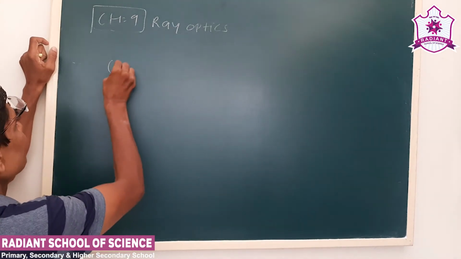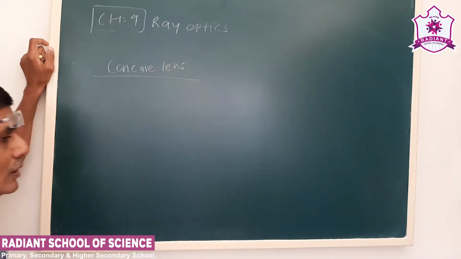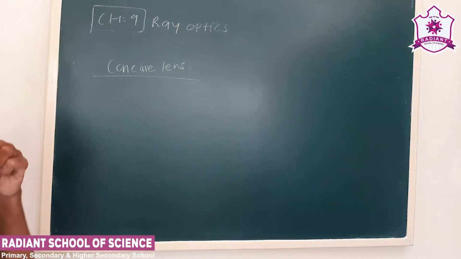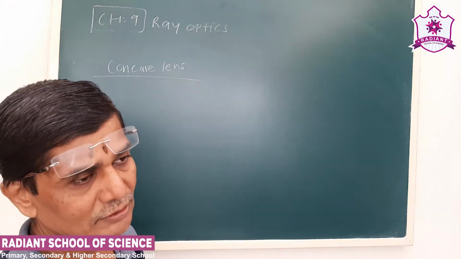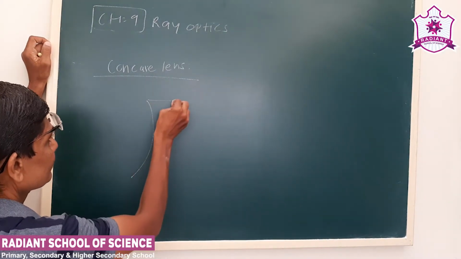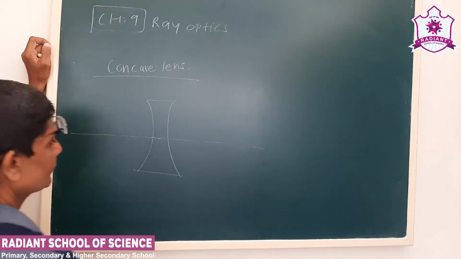Now, see the concave lens. The concave lens is a diverging lens. It does not focus the rays falling on it, but it tries to diverge or change their direction so they move apart. Now in a concave lens there are two possibilities.